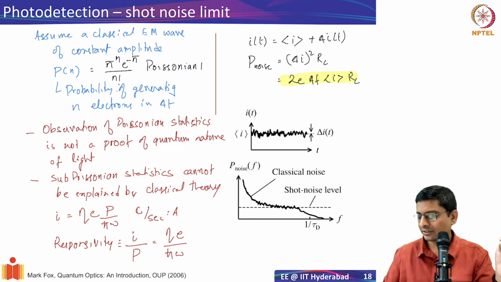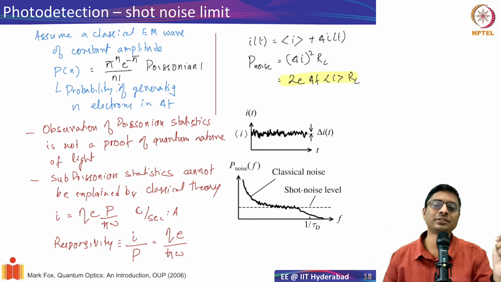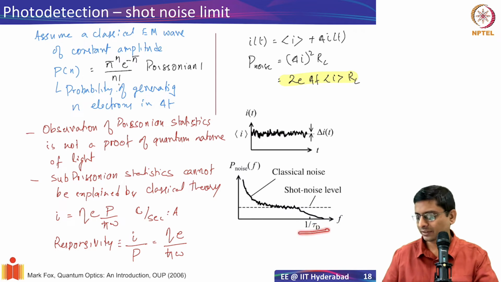And if you go to even higher frequencies, it turns out that the detector itself will have some response time, so it will not respond beyond a point. Here 1 over tau d is the detector response time. So if you go to much higher frequencies, the detector will not respond.